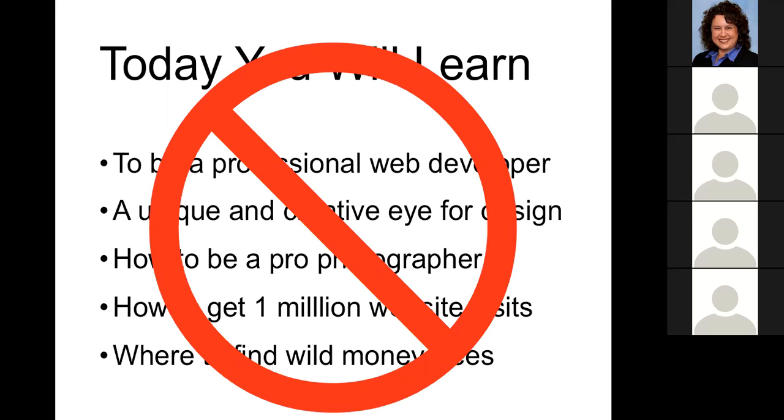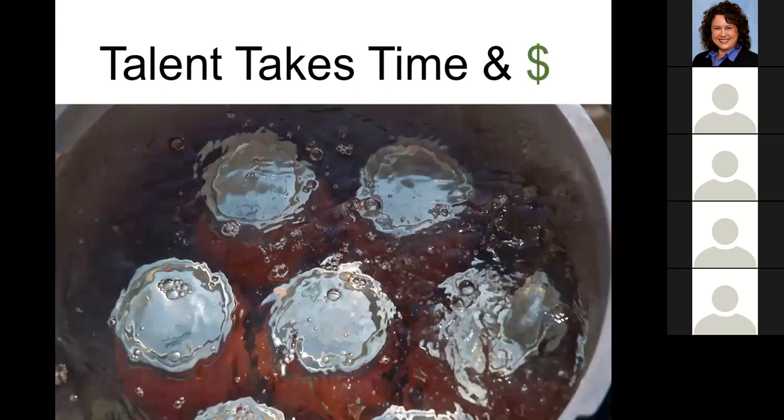Because the reality is that talent and professionalism take time and they take money sometimes. And if you don't have the time or interest to develop the skills that we're going to talk about today, then you're going to need to probably pay someone who did.